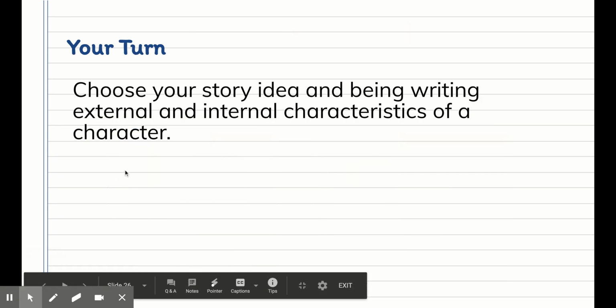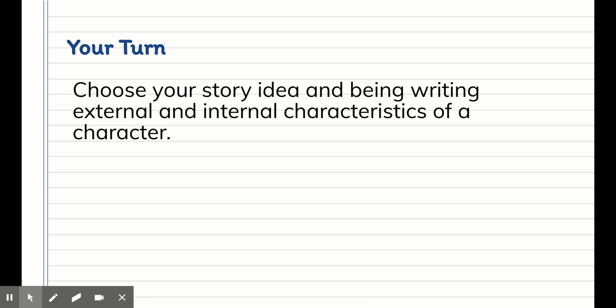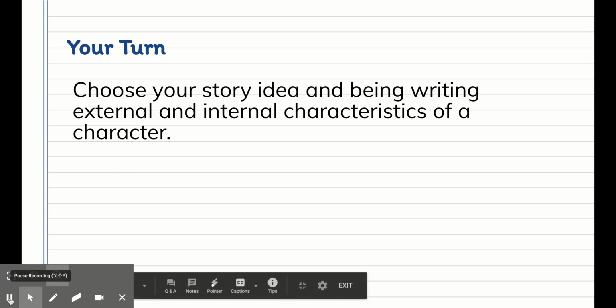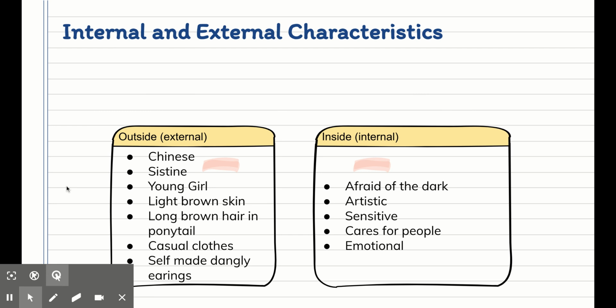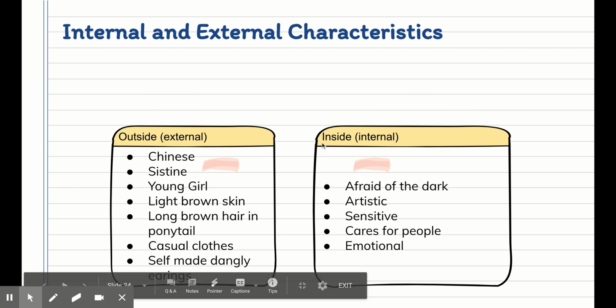So now it's your turn to try. I want you to choose a story idea and begin writing external and internal characteristics of your character. Remember, I have to look back at my example of outside traits and my inside traits. I added some more outside traits.